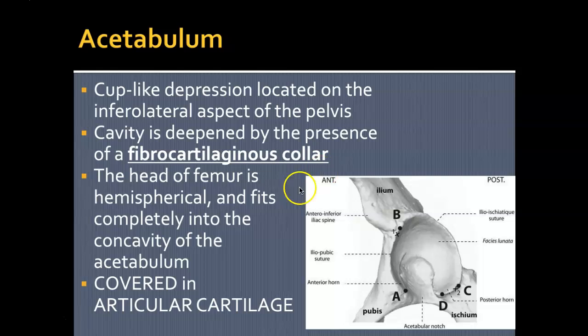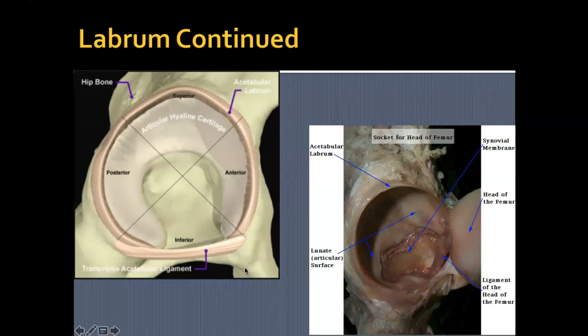Yes, good. Okay, the head of the femur is hemispherical and fits completely into the concavity of that acetabulum. And again, it's covered by that articular cartilage. When we think about the labrum or the articular cartilage, it's not your traditional labrum. Most often when we think about labrums, you're going to see that kind of labrum lay down within the ring.